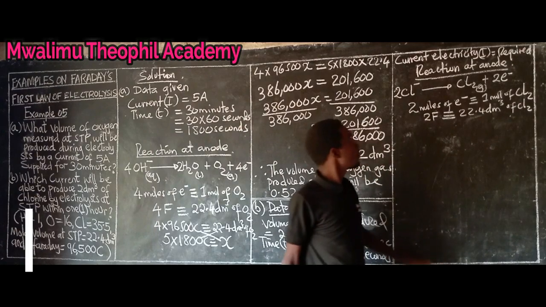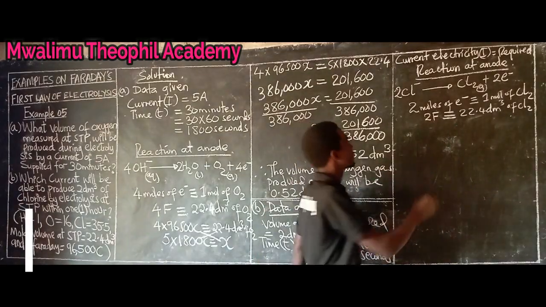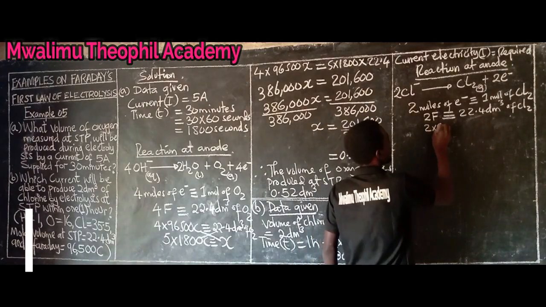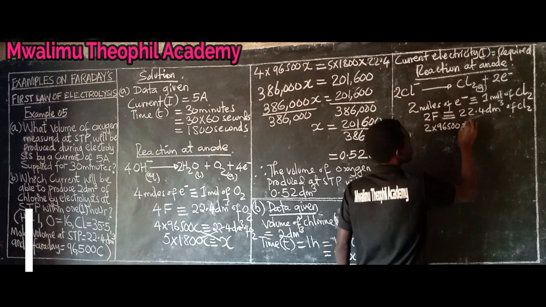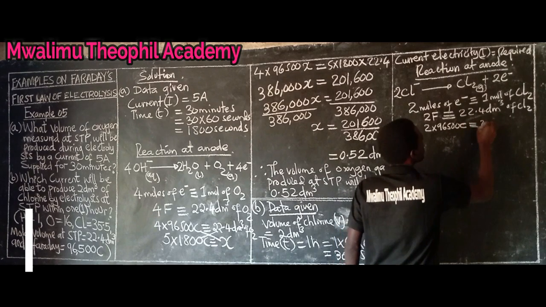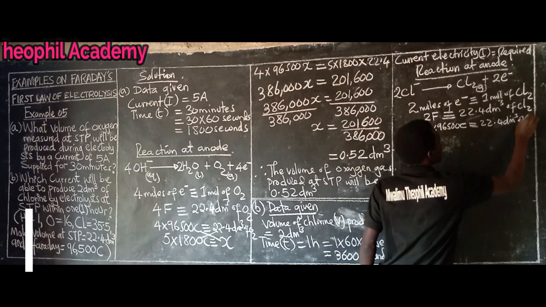Now, let us convert Faradays into coulombs, to charge. It will be 2 times 96,500 coulombs, equivalent to 22.4 decimeter cubic of chlorine gas.